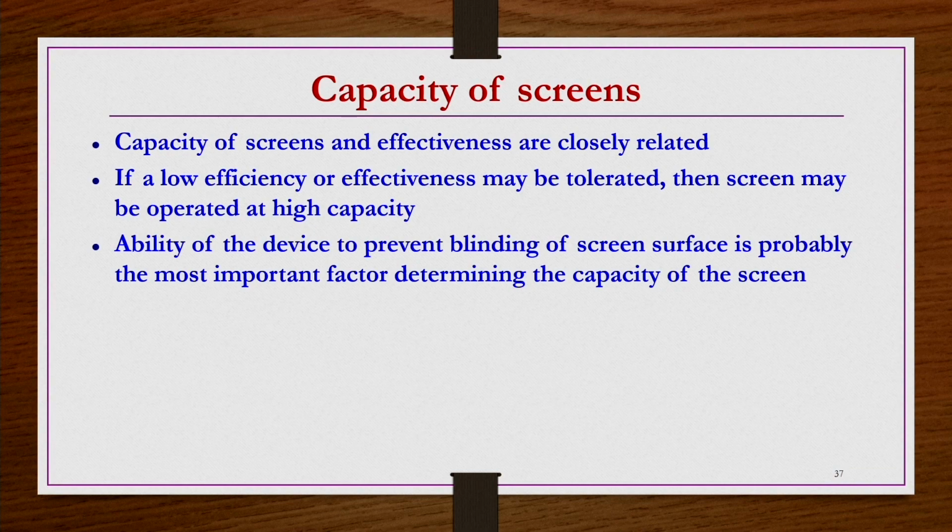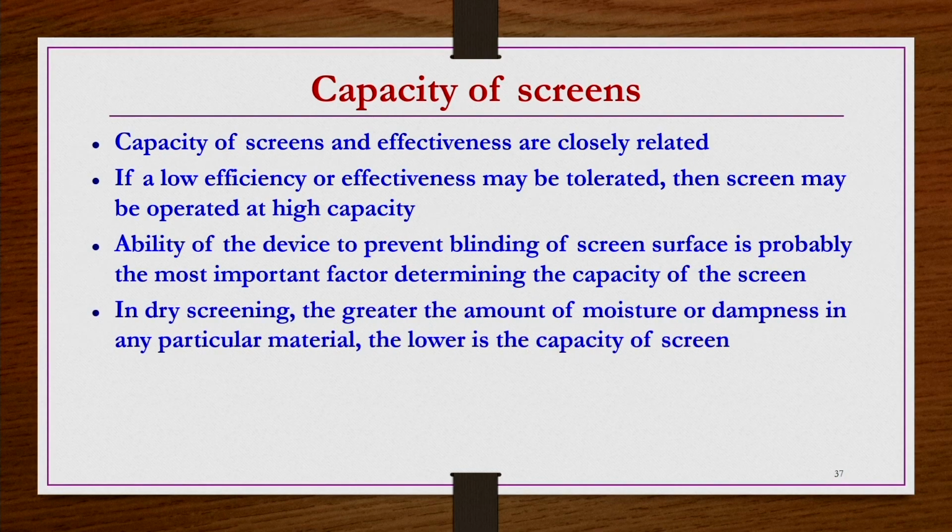Because of that, the effectiveness decreases, so the capacity of the screen also decreases. In dry screening, if the moisture or dampness is more, then the capacity would be very small, because in dry screening we do not necessarily dry the material, but use whatever naturally available material we get, which must have some moisture.